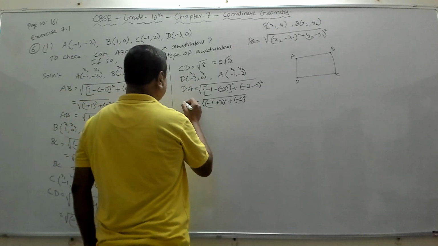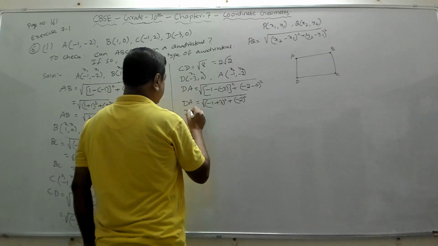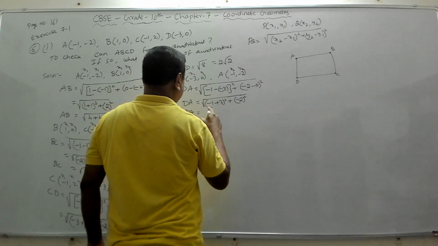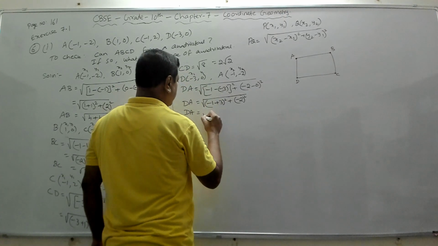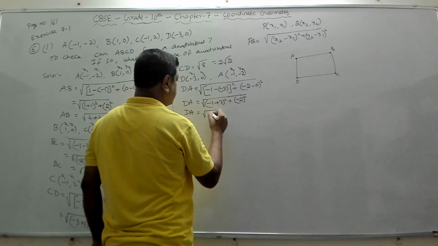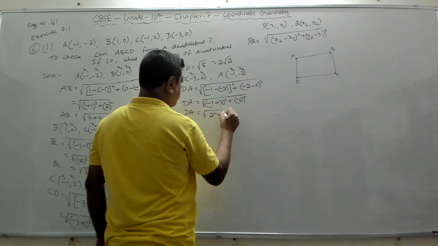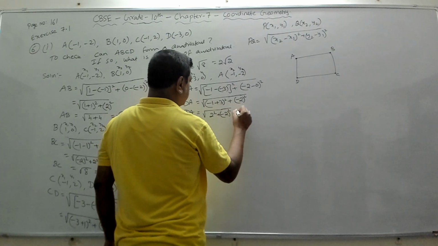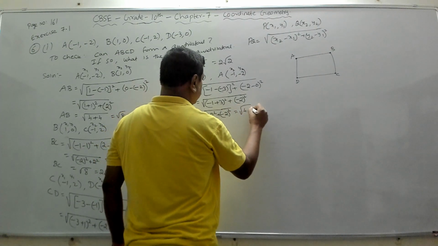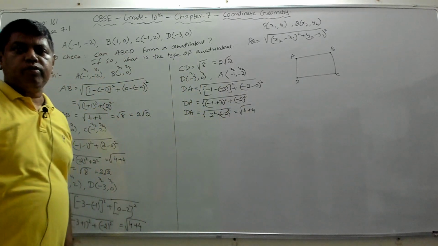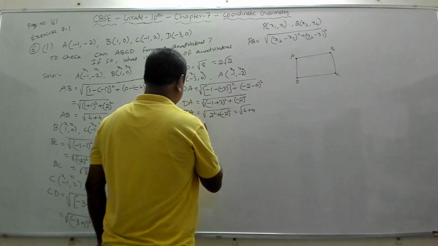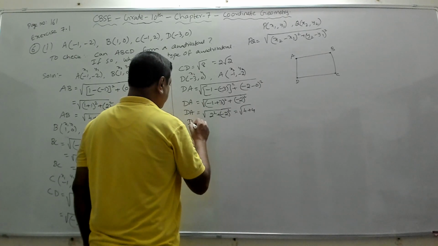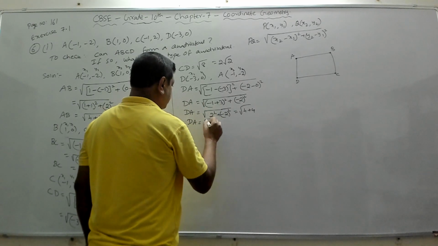So DA equals the square root of (minus 1 plus 3, which is 2) squared plus (minus 2) squared. That gives you the square root of 4 plus 4, which is the square root of 8.